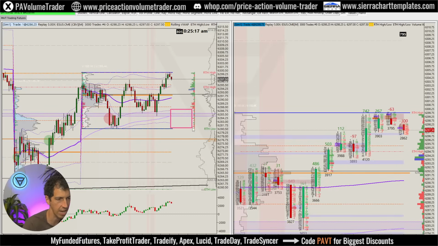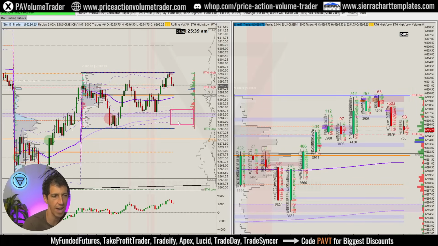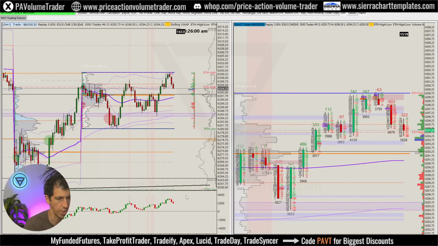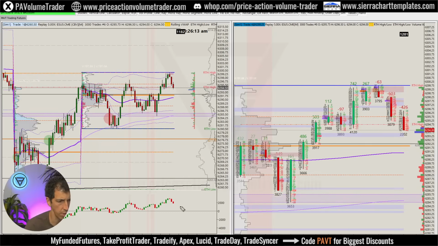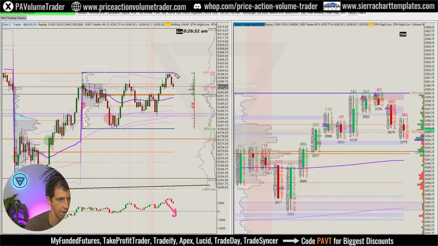Once we get back around this area, this is where we're going to identify this setup. Okay, so you can see cumulative volume delta is now starting to turn highly negative. We are starting to pull back here.